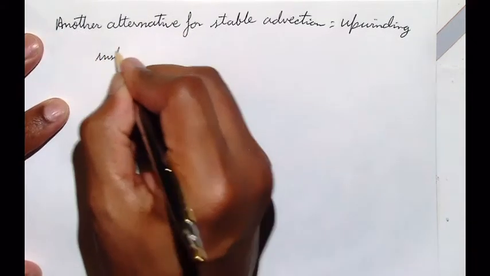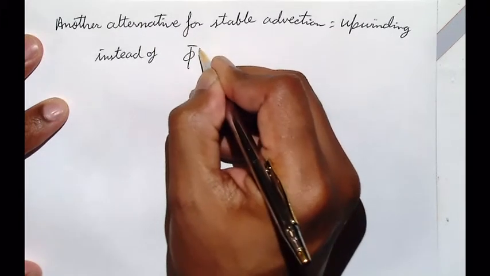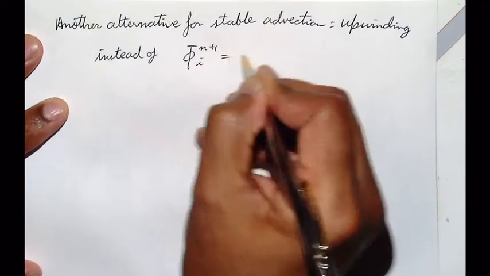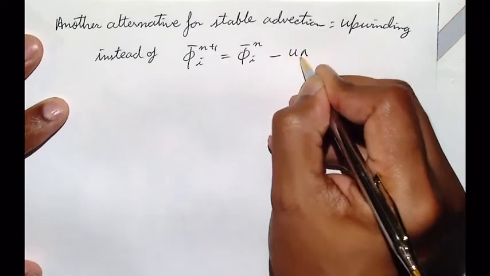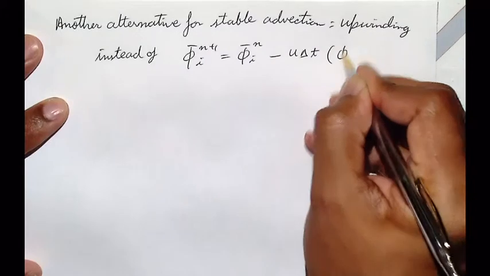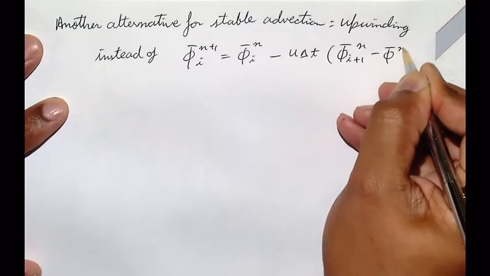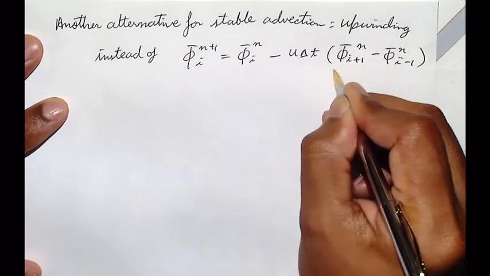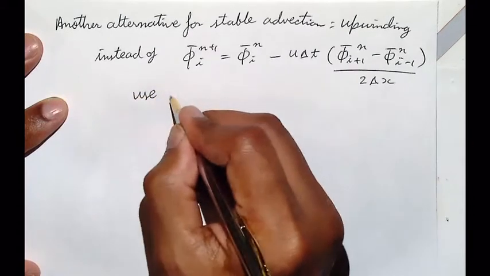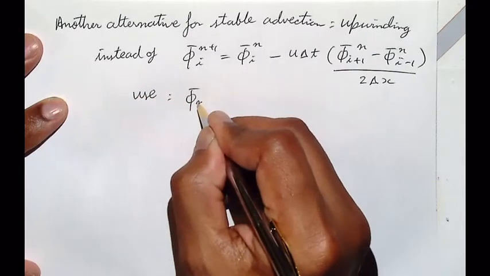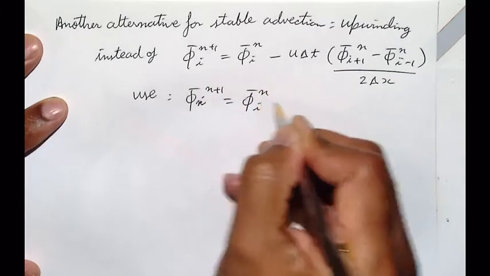Instead of using the center difference approximation, what we do is use phi bar I, n plus 1 equals phi I, n.